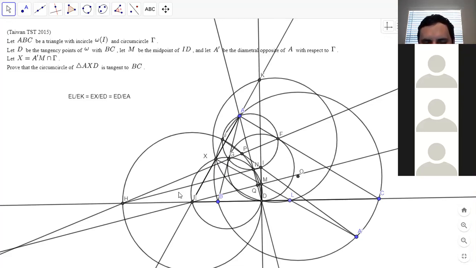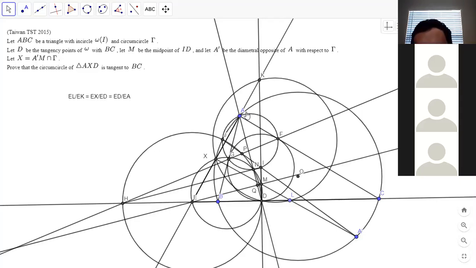That will equal E prime X prime times E prime A. But E prime D squared is equal to E prime Q times E prime M. So X prime AMQ is cyclic. So angle MX prime A will be 90 degrees.